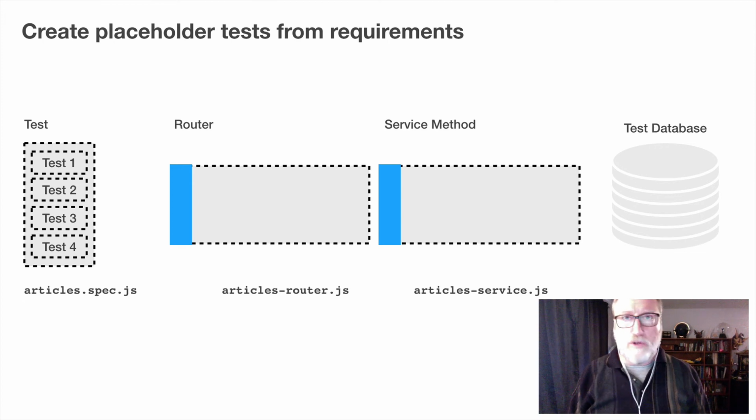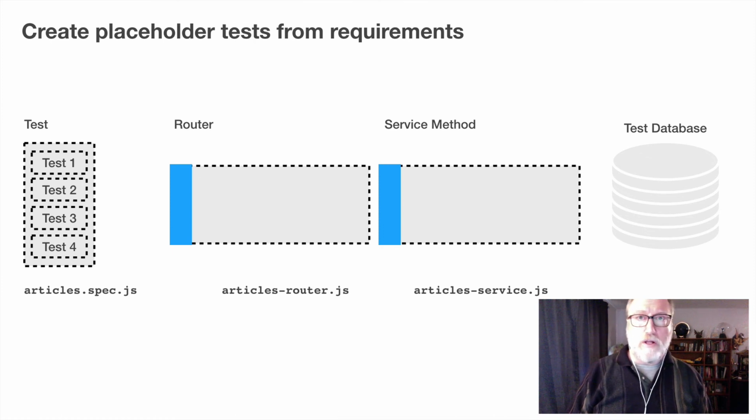And if it doesn't do those, then I want you to give me this kind of error or perhaps that kind of error. If you've got a full set of requirements, you can lay out the tests that you have to write. You don't have to actually write the tests, but you can lay out the tests just by using those it blocks. If you know all of your requirements out front, you can put placeholder tests in.